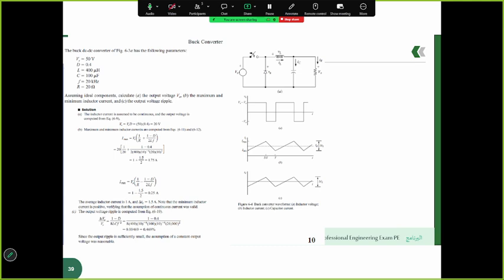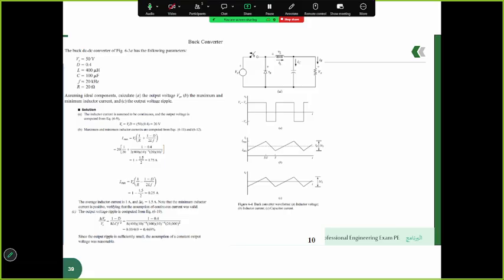By calculating this ripple, the maximum and minimum inductor currents are obtained by adding and subtracting half of the ripple from the average value. The results are I max is equal to 1.75 amp and I min is equal to 0.25 amp. Since the minimum current remains positive, this confirms that the converter is indeed operating in CCM.